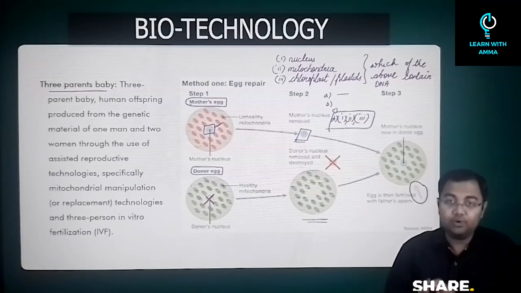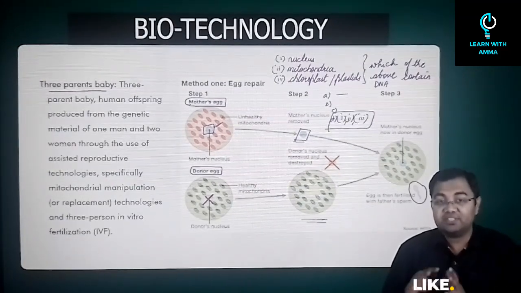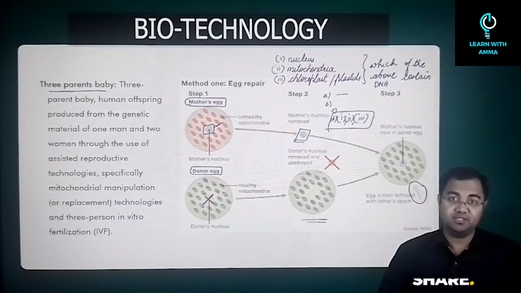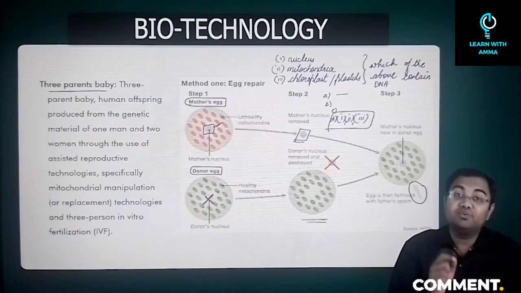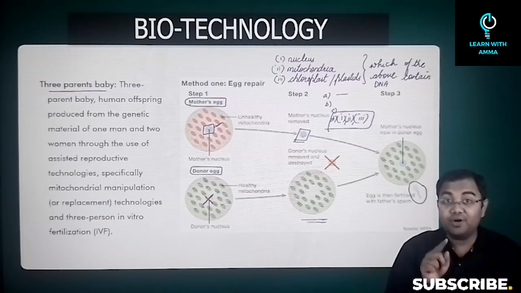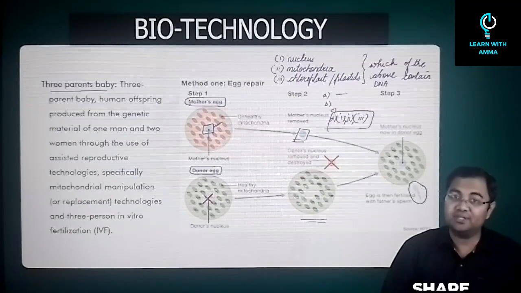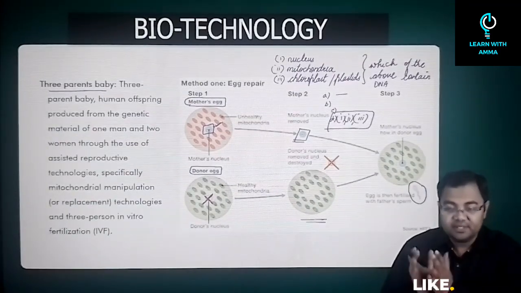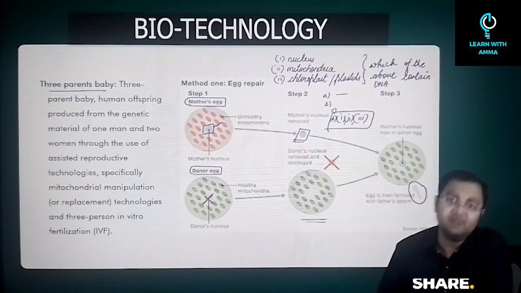So that's why mitochondria contain genes with characteristics which are non-specific, general among that species. But the nucleus contains the characteristics which are specific to a given individual. That is the reason why we need the nucleus of the original mother, because then the child who will be born will have all the characteristics of the original mother as well as the original father.